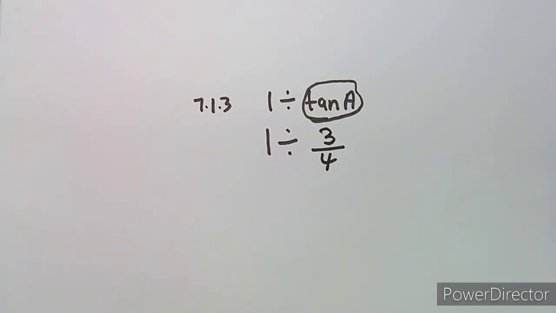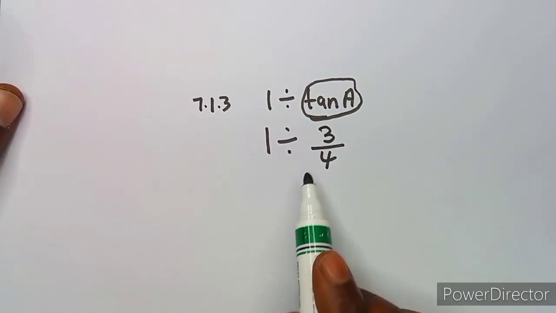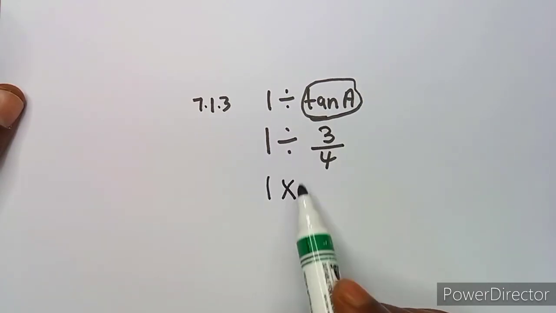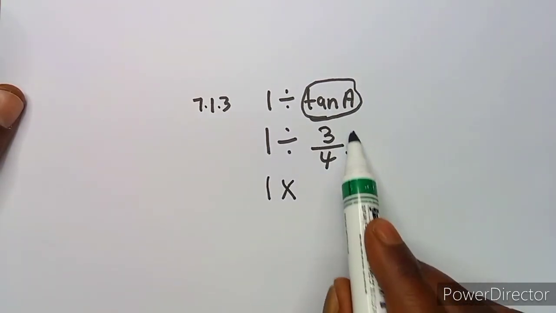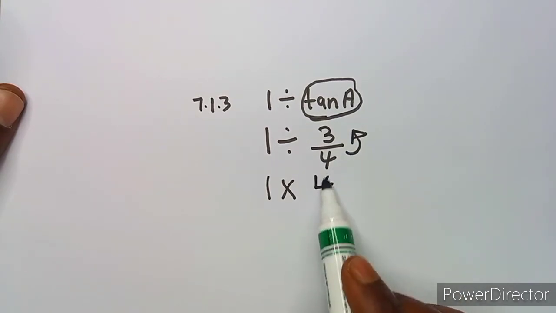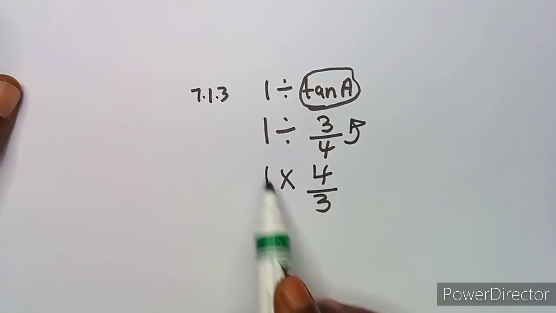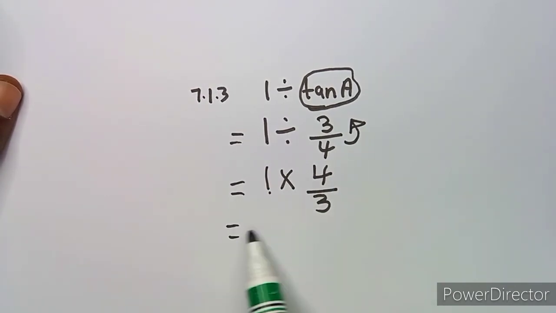But take note, I'm dividing 1 by 3 over 4. Remember from your division that you have to introduce a multiplication. The moment you introduce a multiplication, you invert the second fraction, so it's going to be 4 over 3. And take note, you are multiplying by 1, guys. Any number times 1 is equal to that number, so it's going to remain as 4 over 3.